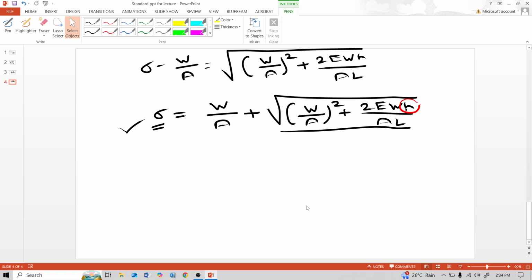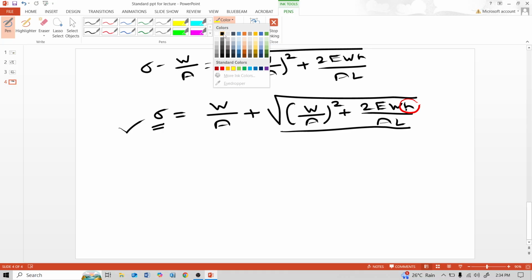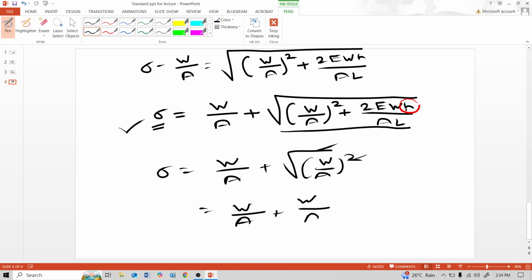Putting 0 in this formula, you get the suddenly applied load equation. Sigma is equal to W by A plus the root of W by A square. The root and square cancel, so W by A plus W by A, that means 2W by A, and this is the stress due to suddenly applied load.